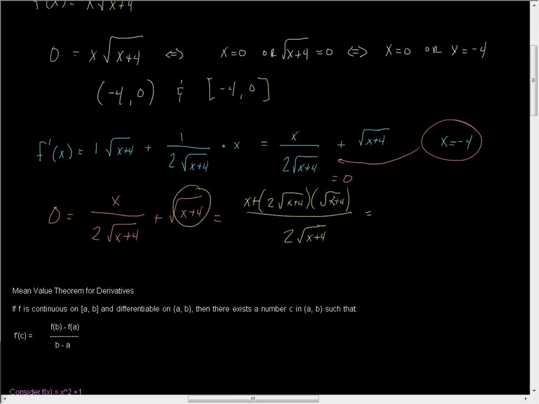So we have x plus 2x plus 8 all over 2 root x plus 4, and that's 0. Now we have 3x plus 8 over 2 root x plus 4. That whole thing is 0 when 0 equals 3x plus 8, and if you solve this for x, you get negative 8/3.